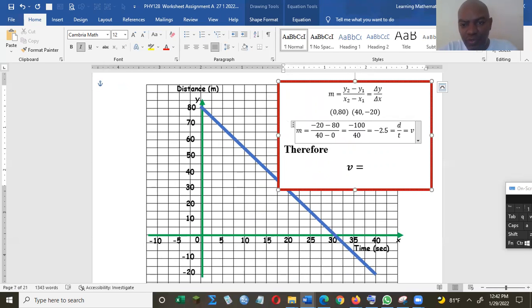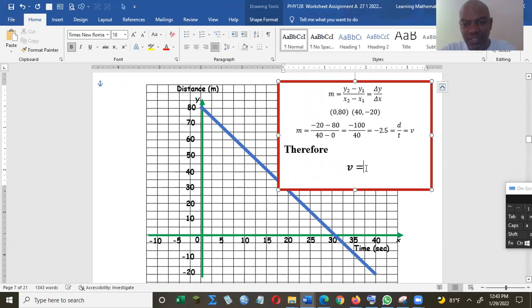Now recall that distance over time is velocity. The y-axis here is distance and the x-axis is time. So when you divide negative 20 minus 80, that is a distance, and 40 minus 0 is a time. Distance over time is velocity. So that is actually negative 2.5 meters per second.